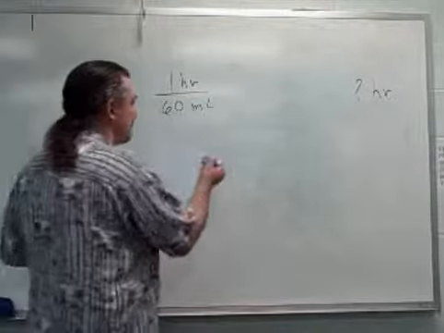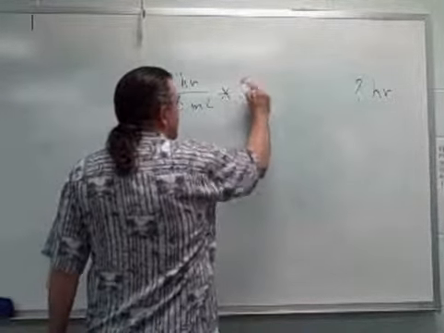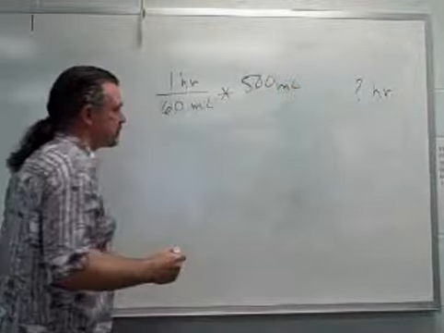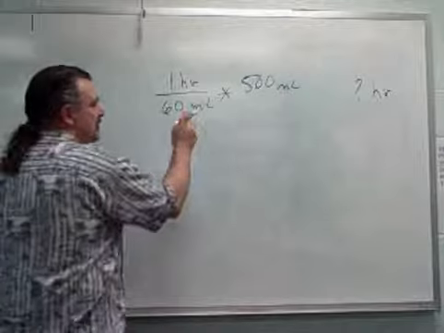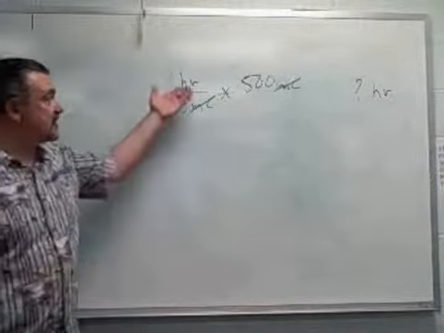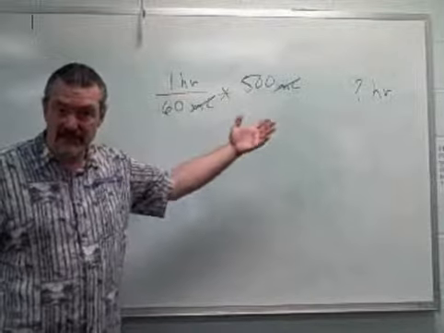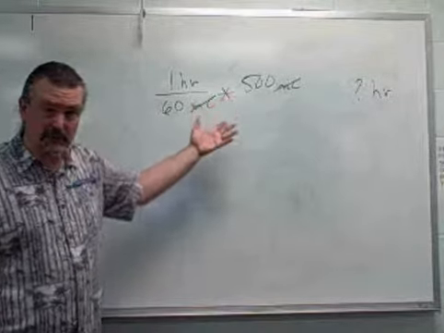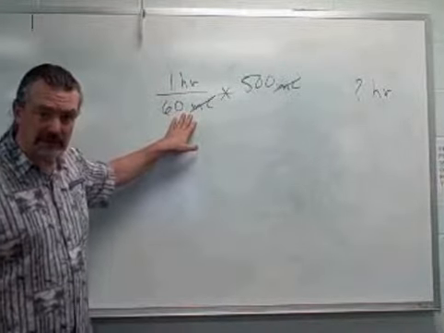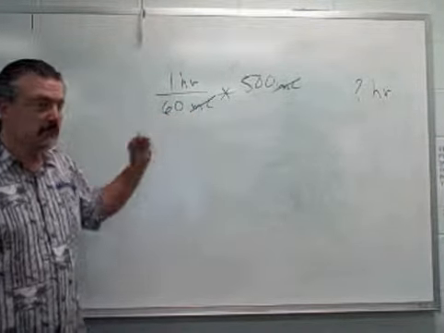So if we were to multiply this fraction by 500 milliliters, wouldn't that cancel the milliliters, leaving us hours, which would tell us then how many hours that 500 milliliters would take to infuse if for every hour 60 of the milliliters are being infused?